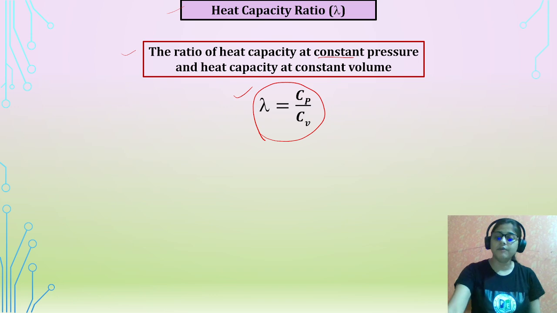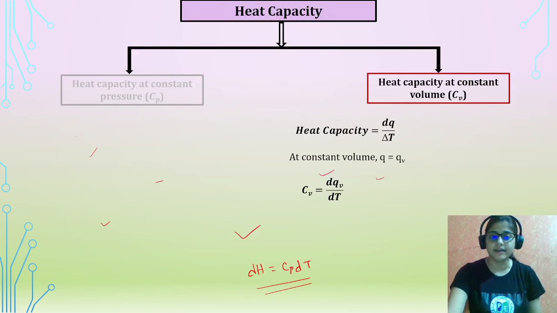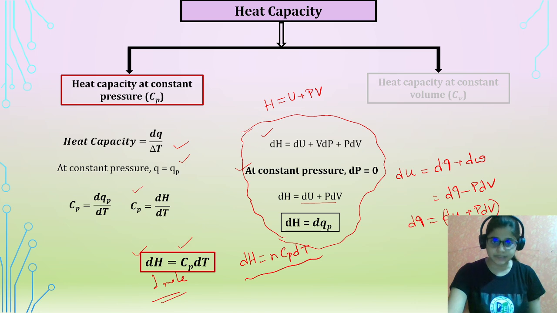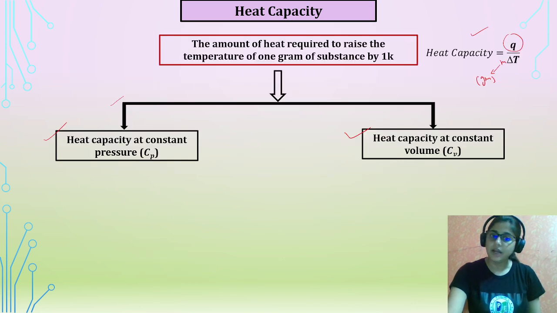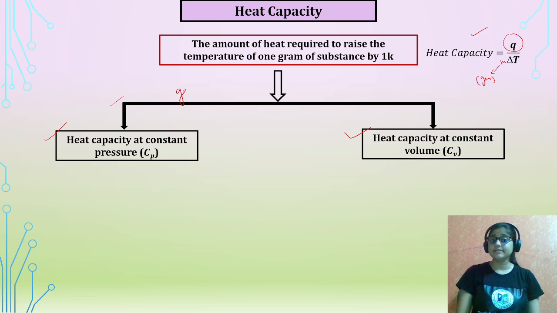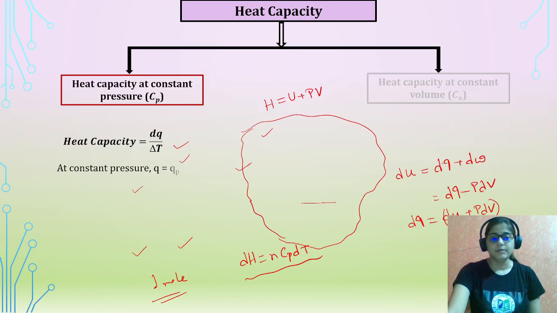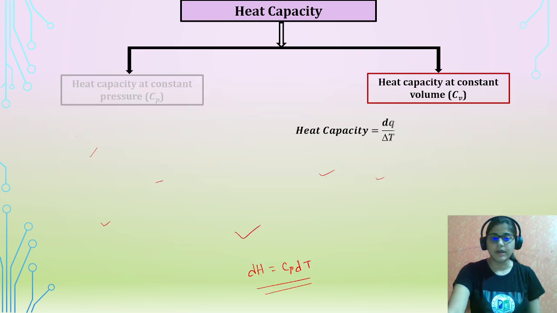Oh, I forgot to mention one thing here, that heat capacity can be expressed in two ways, but it is for gases only. For gas, we can express the heat capacity in two ways.